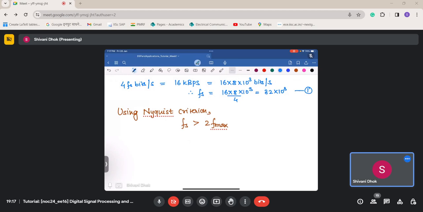So Fs is 32 into 10 raised to 3, and this should be greater than 2 times Fmax. So Fmax should be less than 32 into 10 raised to 3 by 2, which is 16 into 10 raised to 3, which is equal to 16 kilohertz.